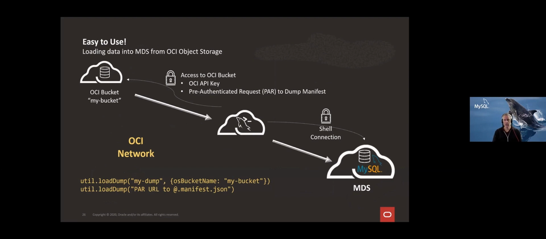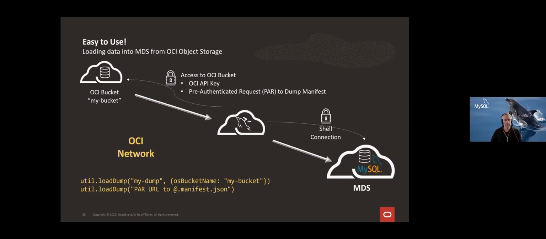So this is an example of the commands, and I put two examples at the bottom. The first example is if you have a directory, let's say it's in block storage, not object store, because if it's a small database, you could decide, okay, I'm just going to dump to a directory in my EC2 instance, and then zip it, and then push it to a compute node in OCI, and then unzip it, and then load it. So you can do that, and the my dump is basically the directory name.